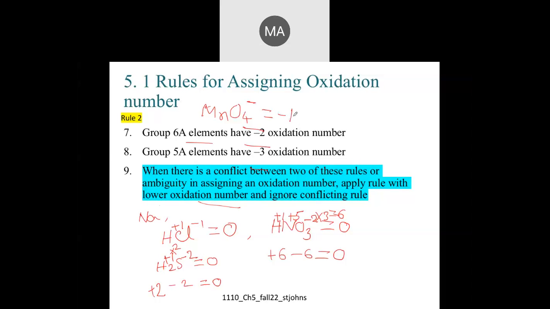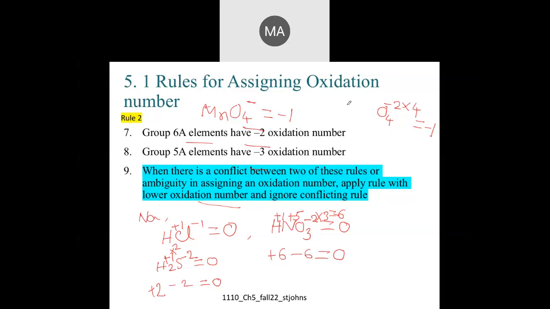Then how can we calculate the oxidation state for manganese and oxygen? We know the oxygen is -2 and we have 4 oxygen atoms, so -2 times 4. And the polyatomic ion charge is -1.